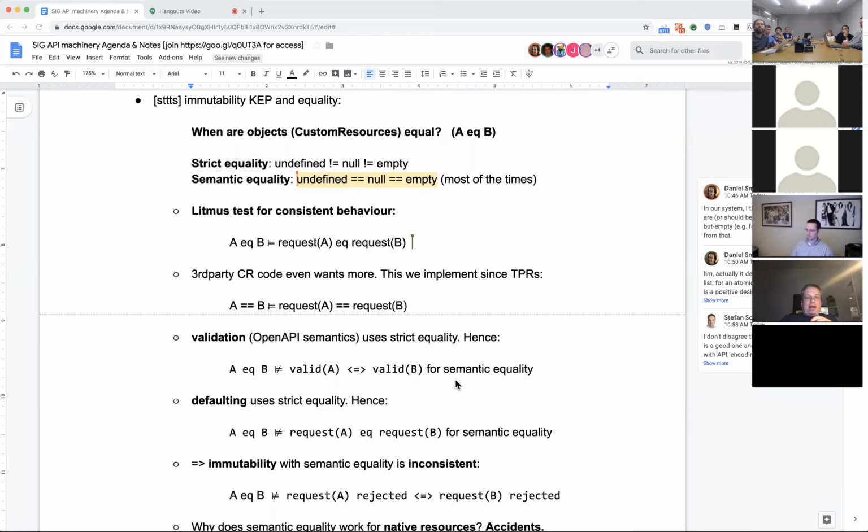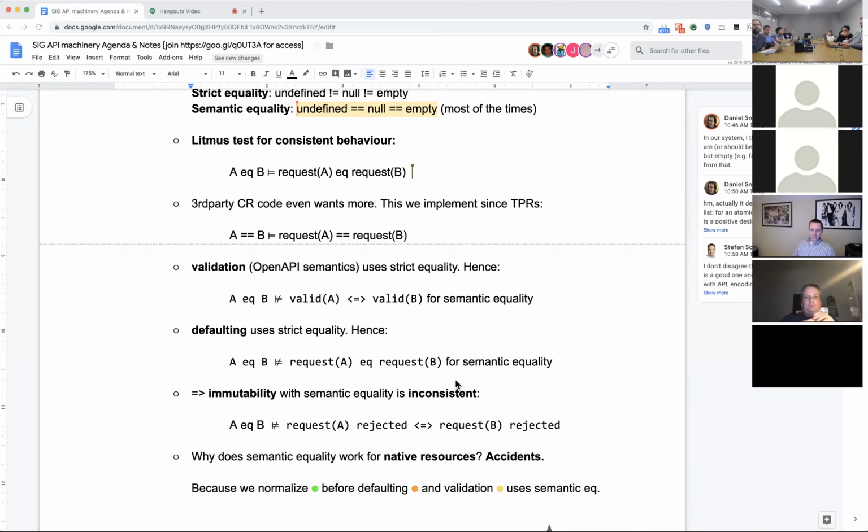And I bet that many third-party controllers expect this behavior. I know a couple in OpenShift which use CRDs. They will just fail if we change that. They do just normal reflect deep equal on many things. Controllers do that, yeah.